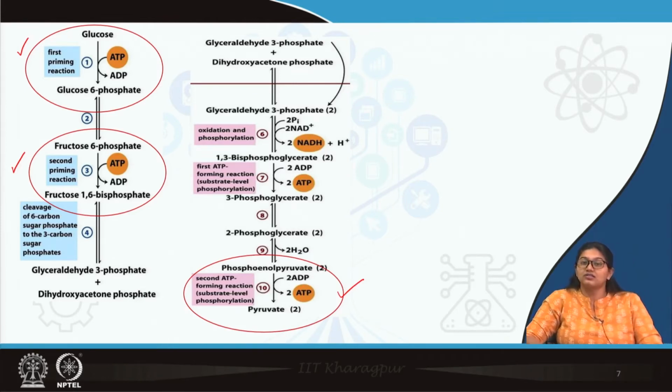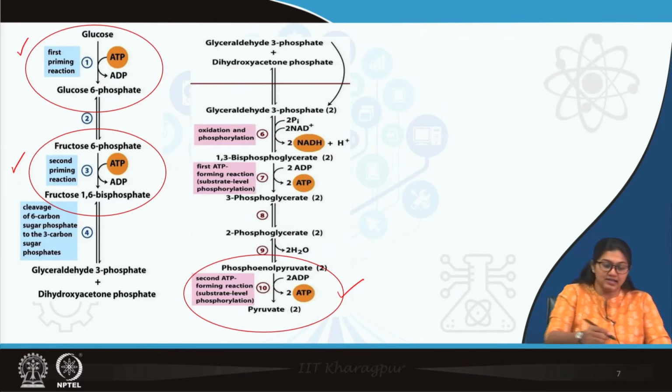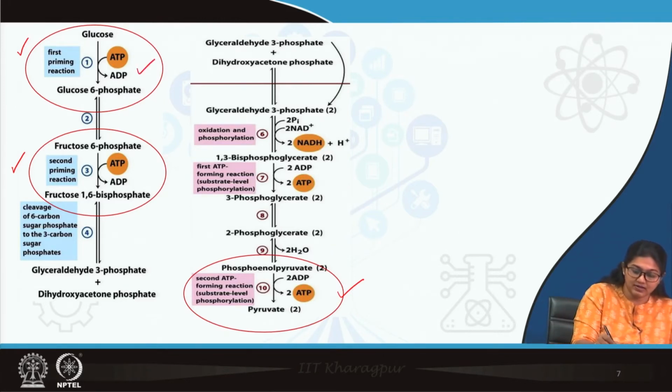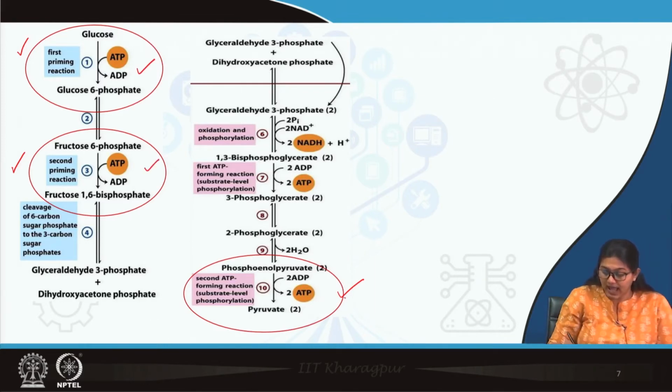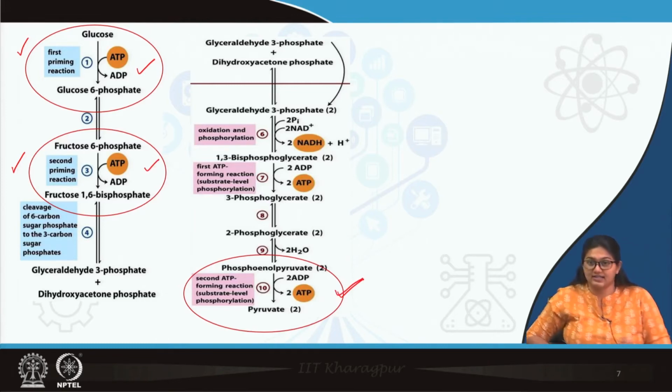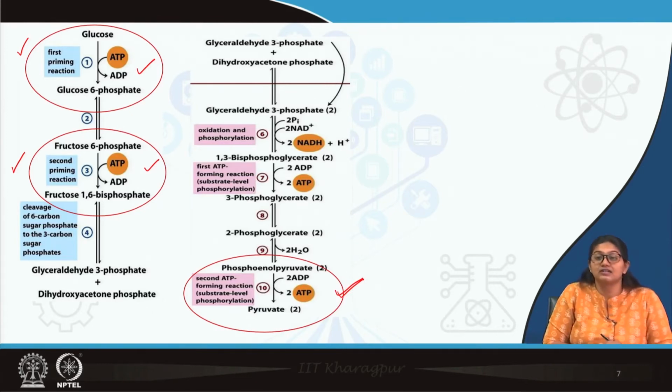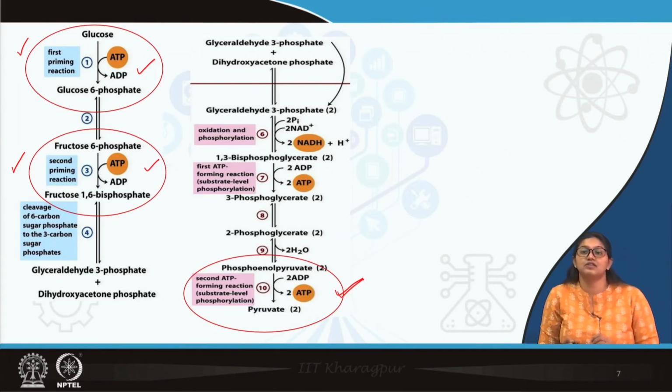So, these 3 enzymes, hexokinase, phosphofructokinase 1 and pyruvate kinase, are not present in neoglucogenesis, whereas for the other 7 steps the enzymes remain the same.